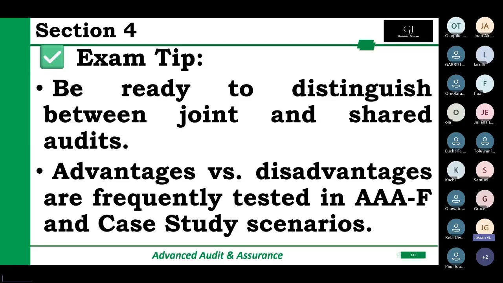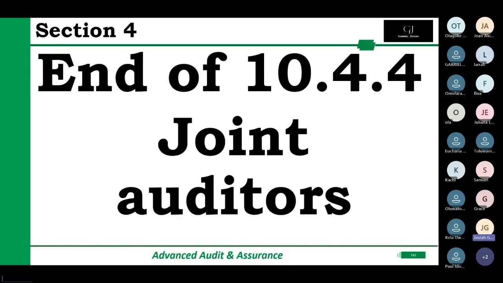It's a regular feature in some diets of ICAN AAA questions. Advantages versus disadvantages are frequently tested, like I said, in the AAA-F paper, and they integrate it with case study scenarios. So please try to understand the concept so that you'll be able to apply it, no matter how the examiner treats or twists the scenarios.